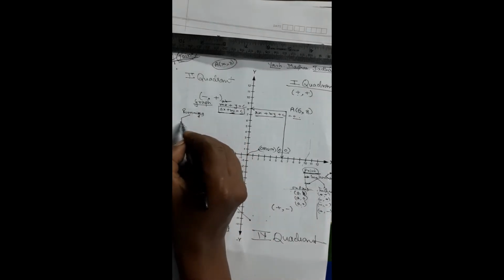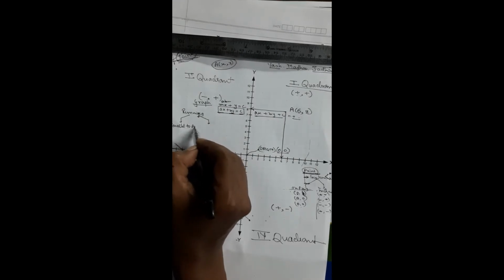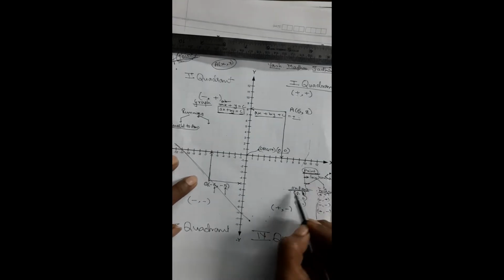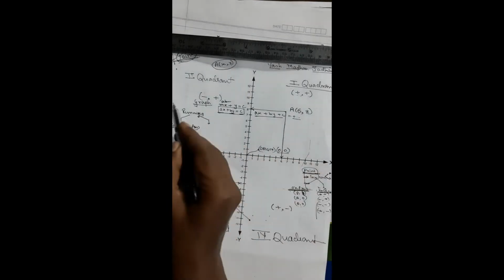See my dear students, either the line will run parallel to an axis, x-axis or y-axis. Here, a point will be either on an axis or in a quadrant. A line will either run parallel to the x-axis, or any axis. If it runs parallel to the x-axis, it will run like this.